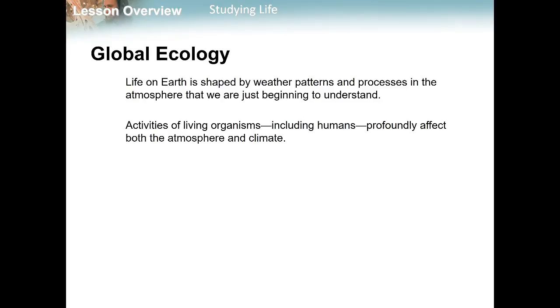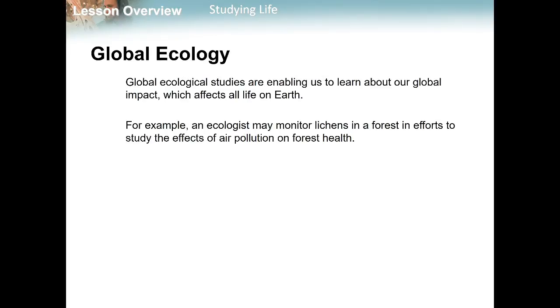We understand through global ecology the activities of living organisms. And we're a living organism, so that includes humans, and the profound effect that we have on both the atmosphere and the climate. We are causing changes that are shaping the climate and the atmosphere, so we have an impact on that as well. We look at global ecological studies that enable us to learn about our global impact, which affects all life on Earth.